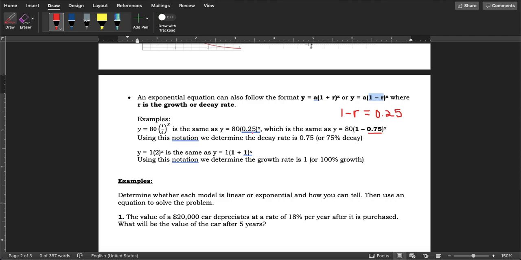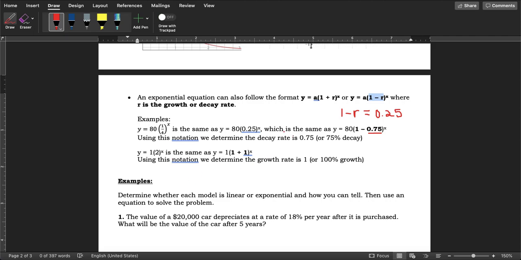They're keeping 25% of the original value, meaning they're losing 75%. So that's what this basically means: 75% decay, meaning that the numbers are consistently losing 75% of the original amount.